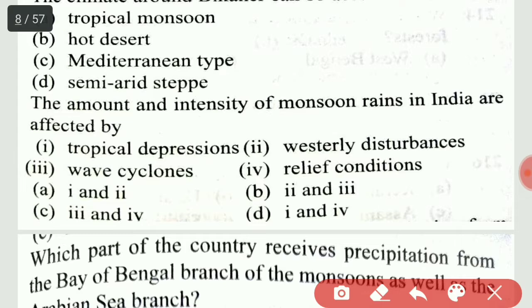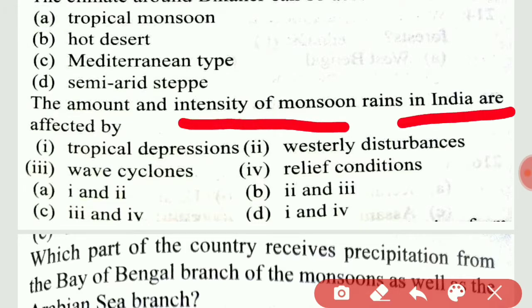Next, the amount and intensity of monsoon rains in India are affected by tropical depression, westerly disturbances, wave cyclones, relief conditions. The right answer is option D. 1 and 4 are correct.